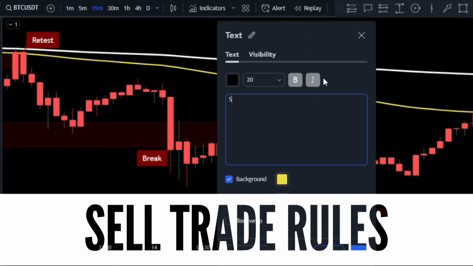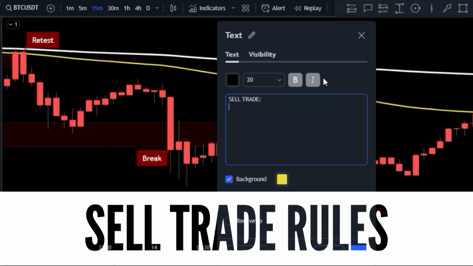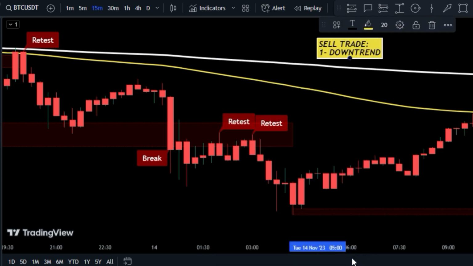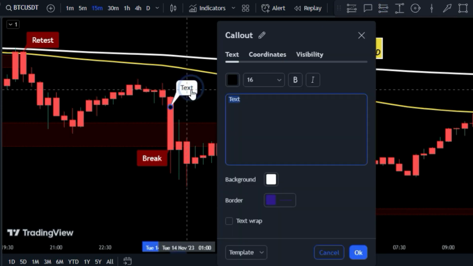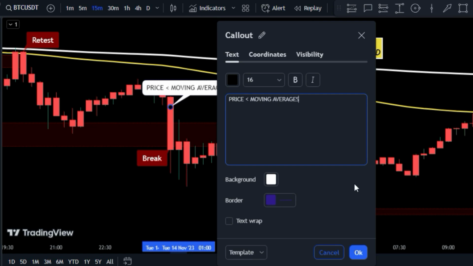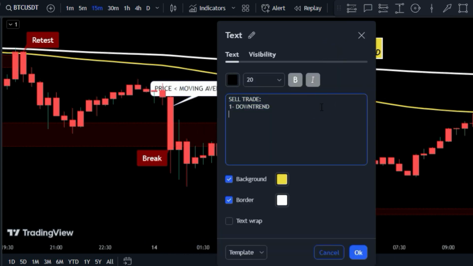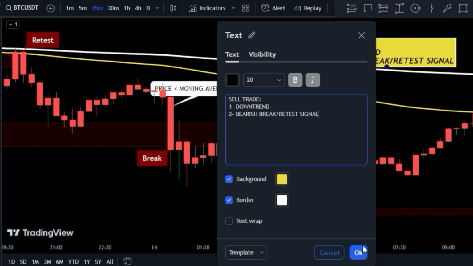And also, to initiate a short trade, there are three main conditions that need to be met. Firstly, the market trend should be downward, so that we are trading with the overall market direction. Secondly, we need to wait for either a break or retest signal to be issued.